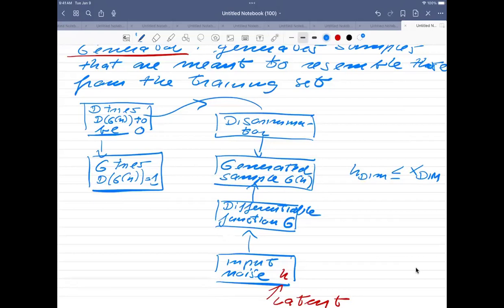Thus, this kind of game of adversaries uses a generator model G, which tries to make this D of G of H as close to 1 as possible, and the discriminator is incentivized to make this D of G of H as close to 0, where 1 denotes real and 0 denotes fake samples. So the generative adversarial network achieves equilibrium when the generator starts to easily fool the discriminator. So that is, the discriminator reaches its saddle point.